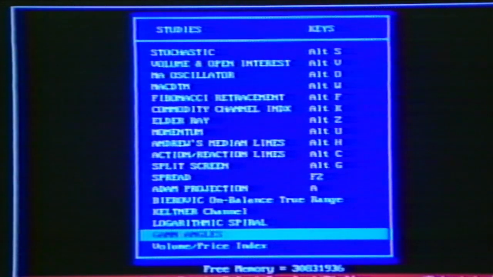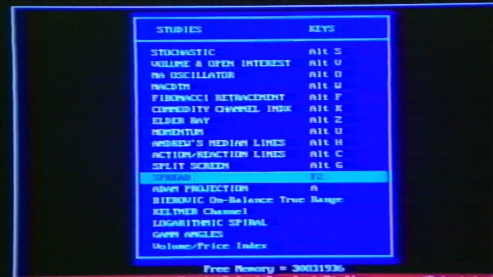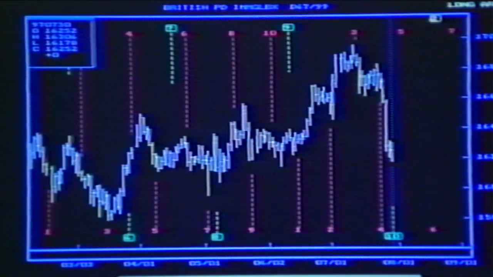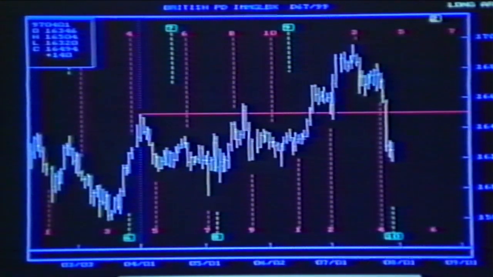How about a Fibonacci retracement? We come up to Fibonacci, select that, and let's go back to the same 2 points we did before on the Fibonacci retracement. So we're going to come to a high point and say H for high.